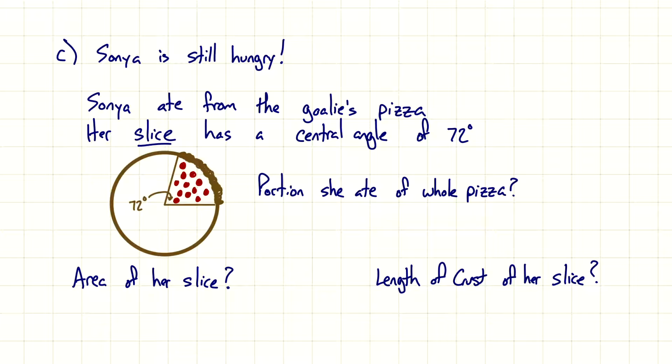This is the original goalie's pizza, which, if you remember, I don't know if you remember, what was the radius of the goalie's pizza? So let me see if you remember that. Maybe look back at your notes.